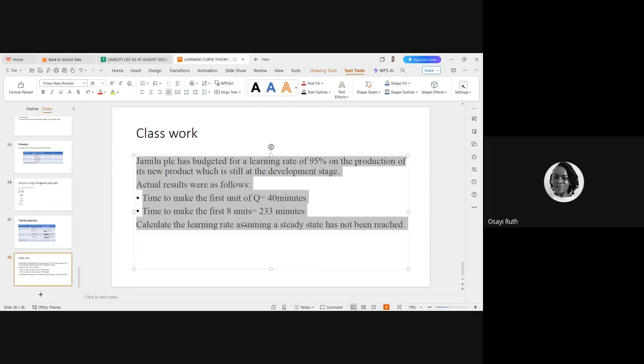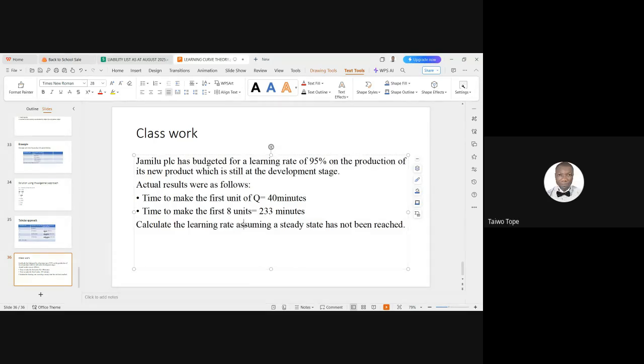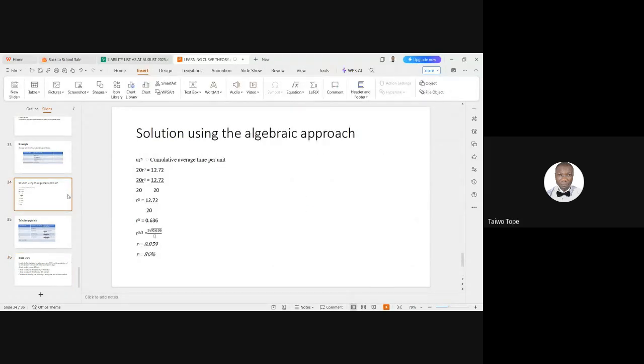We divide the minutes by the units. Okay, fine. You divide 233 minutes by the units. So can you solve now using the algebraic approach? Let's see.